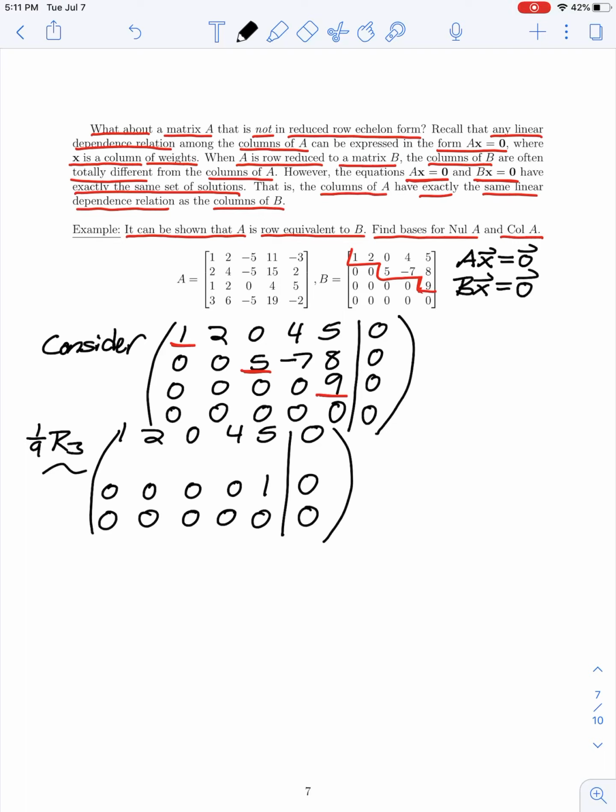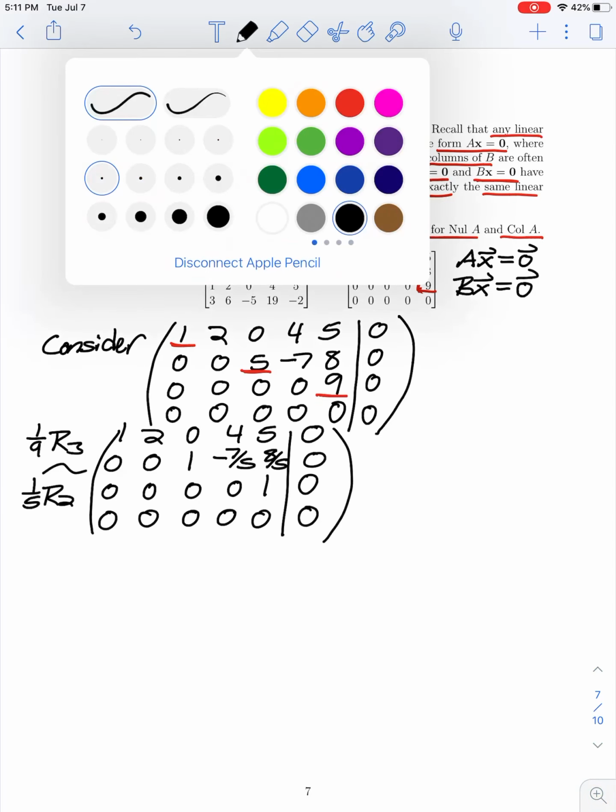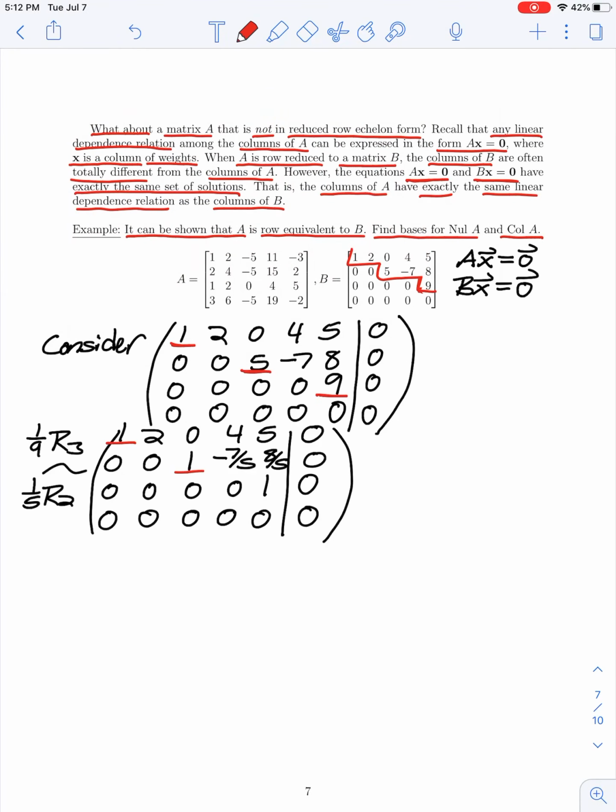Let me multiply my second row through by 1/5 so that the lead coefficient will become a 1. So I'll take 1/5 of row 2 to get 0, 0, 1, -7/5, 8/5, and 0.